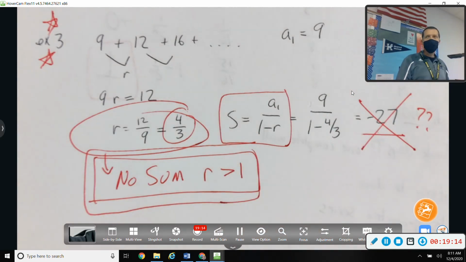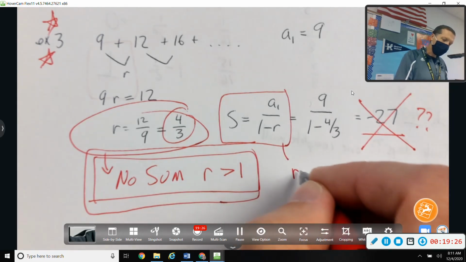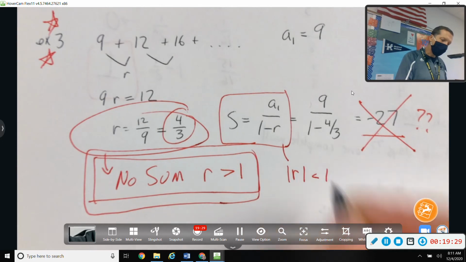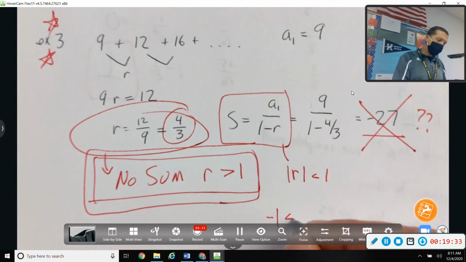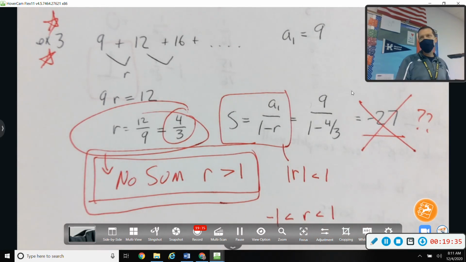Doesn't it apply when the r is bigger than -1? It would also not work if r is less than -1. So the absolute value of r has to be less than 1. Okay. Another way to say that is that r has to be between -1 and 1.